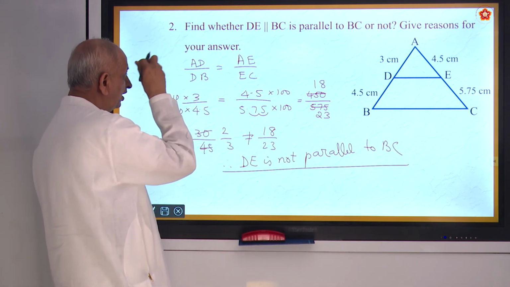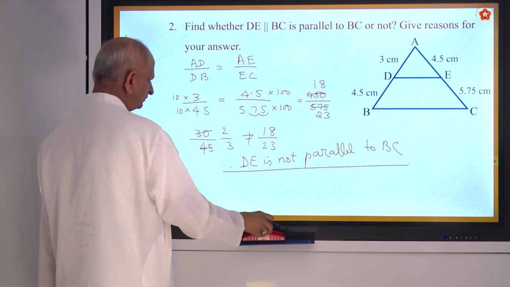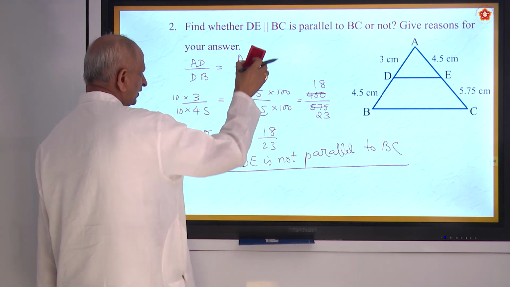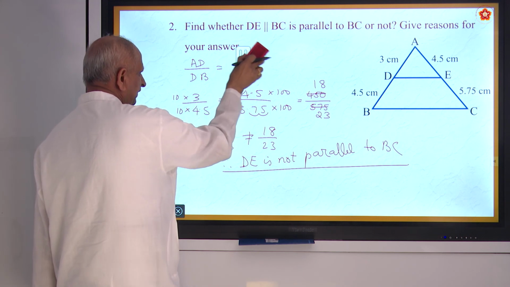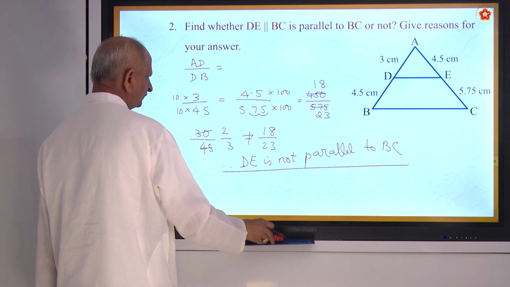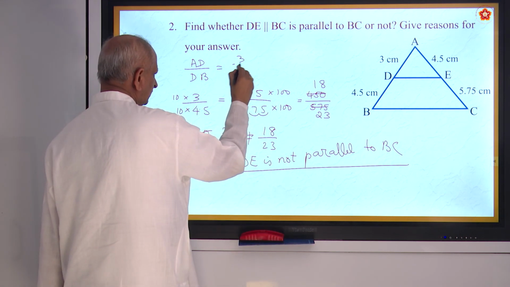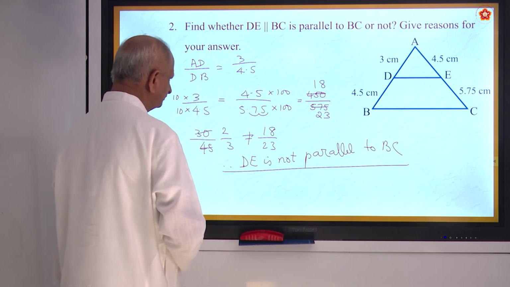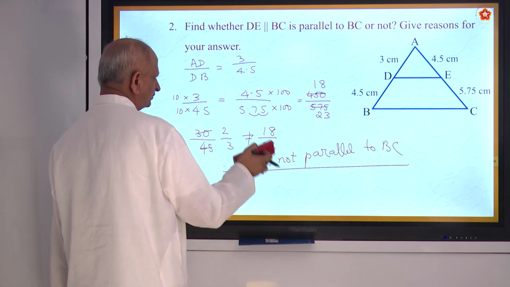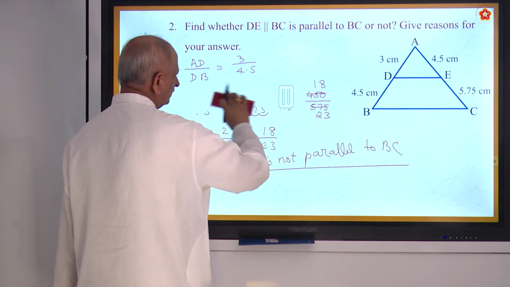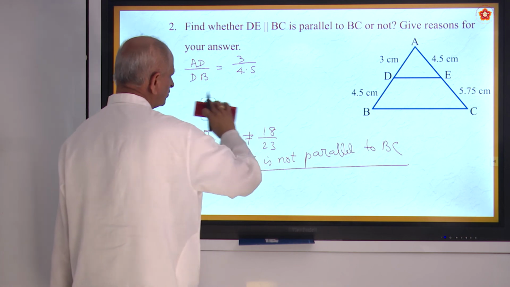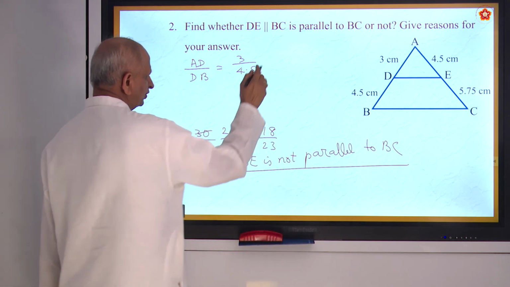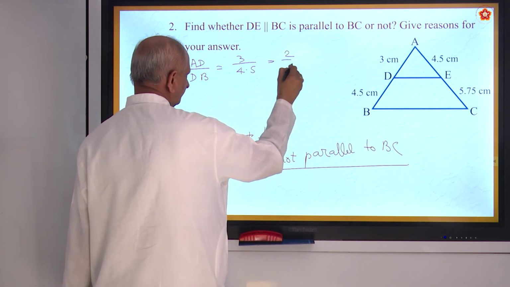So here they are not equal. You can write separately. First you find out AD by DB is 3 by 4.5. Like that you do it. And then you write the second ratio. So this is equal to 2 by 3.